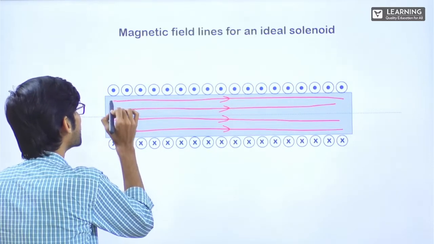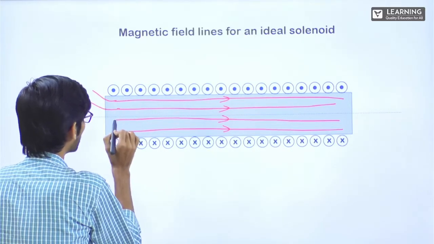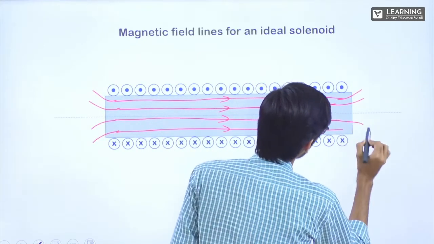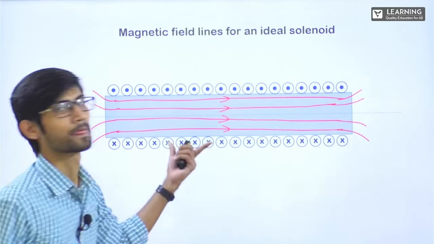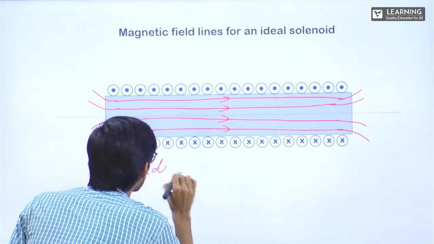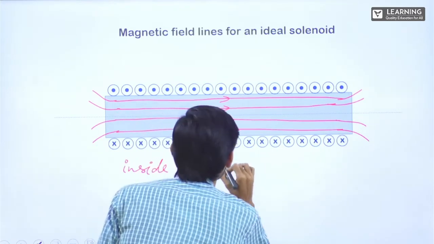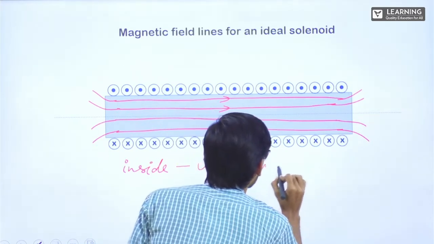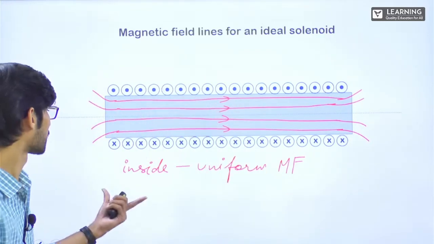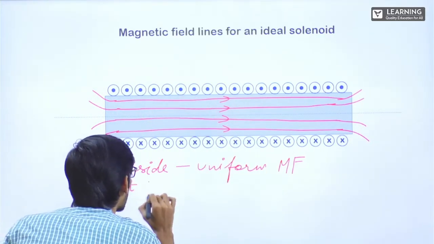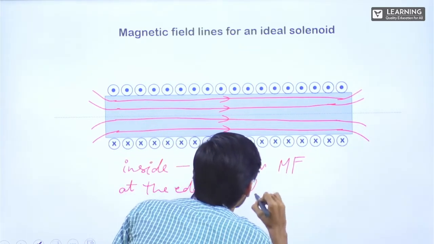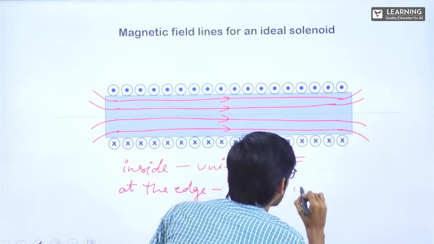At the edges it will start bending because it reduces at the edges. Clear? Inside, uniform magnetic field. At the edge, half of what is inside.